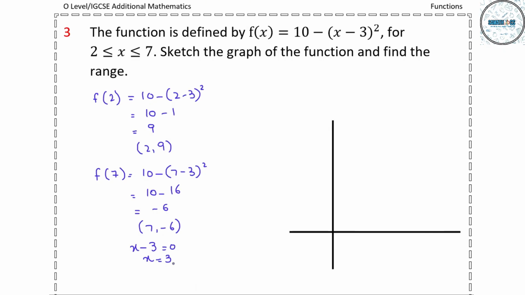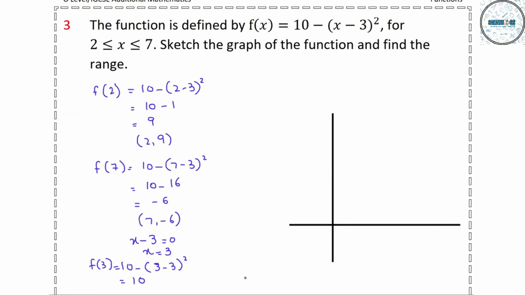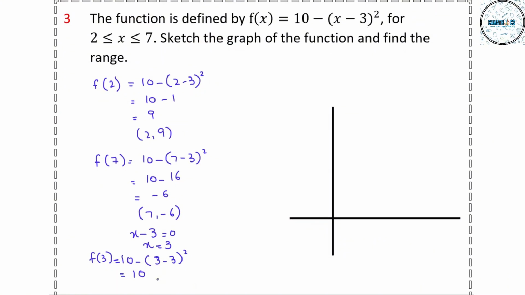And for this value of x, the value of y is 10. So we have another point, 3 comma 10, which is also the turning point.